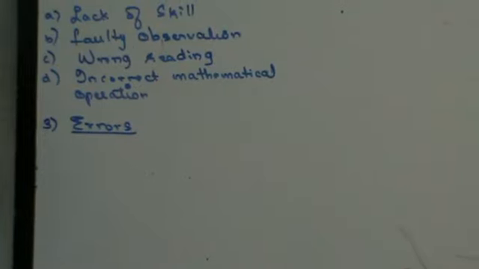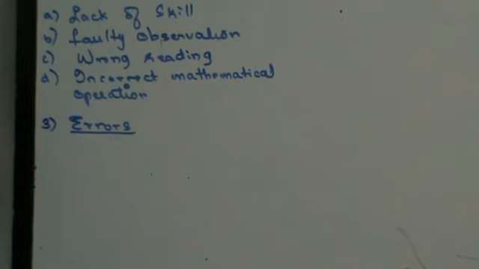If you want to measure a very small thing, and instead of using a vernier caliper you use a meter scale, obviously you will get a wrong reading. Not because you have made a mistake, but because that instrument is incapable of measuring that particular data. So errors are shortcomings which cannot be completely eliminated but can be minimized. Fine, do we get this thing clear?